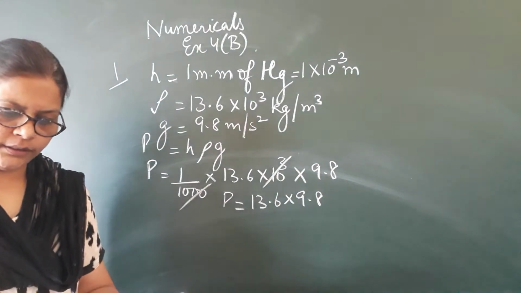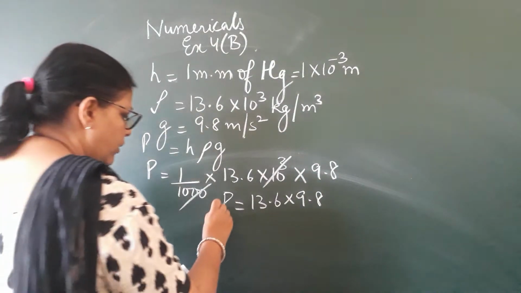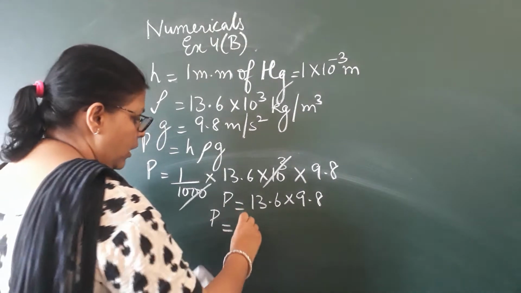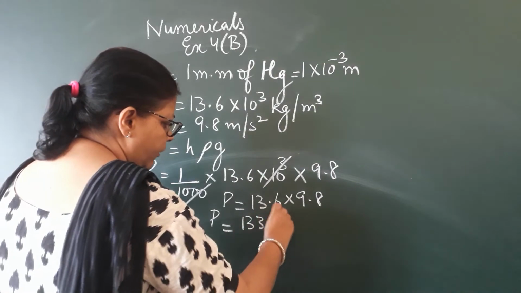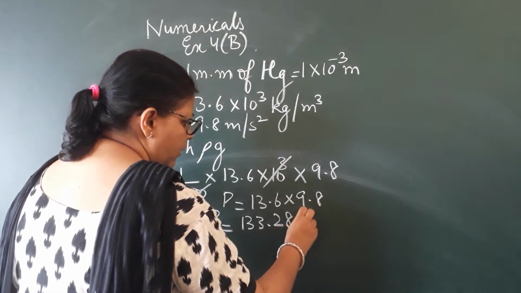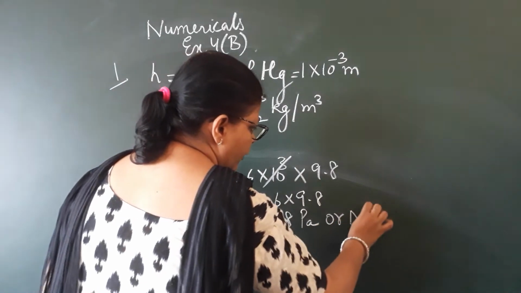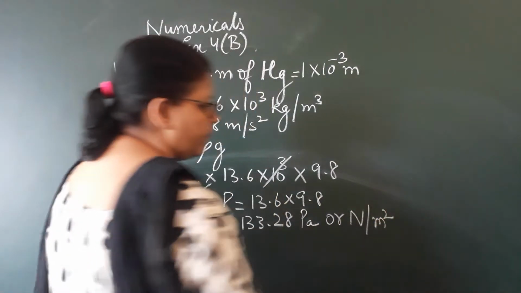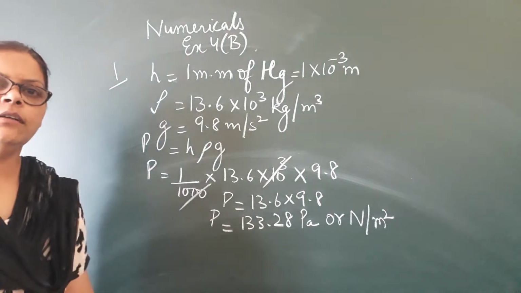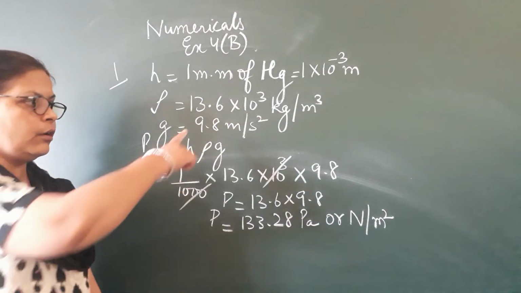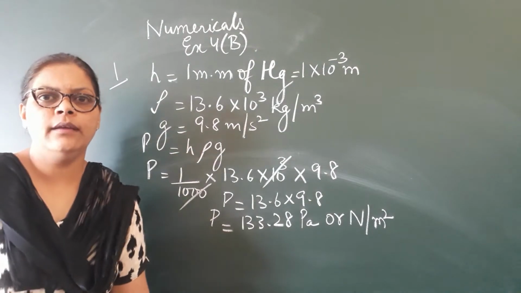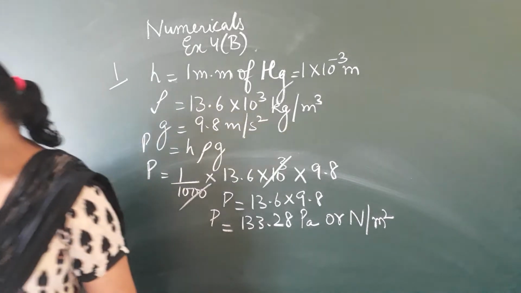Now when you multiply these, you will work out the answer. It is going to work out to 133.28. The unit could be Pascal or you could write it as Newton per meter square. Clear children? So this is the first numerical problem which I have solved for you from exercise 4B. Just look at it, then I go to the second numerical.